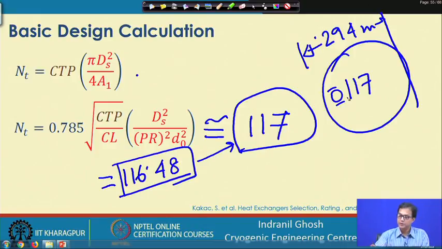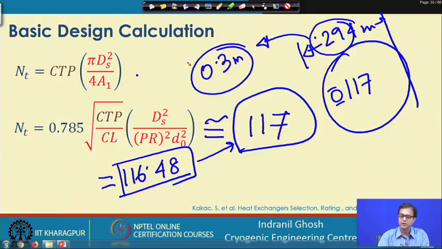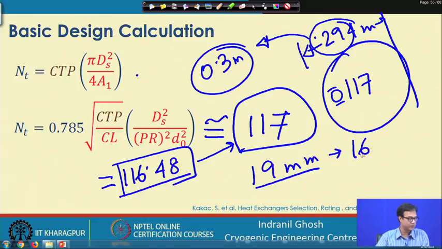We have say 0.294, we will go for nearly about 0.3 meter diameter of the shell, and the tube length is already known, it is 5 meter, and the OD of the tube already has been specified to be 19 mm for the tube, and its ID is 16 mm, and we have also been told about the baffle spacing, and already we know about the square pitch.